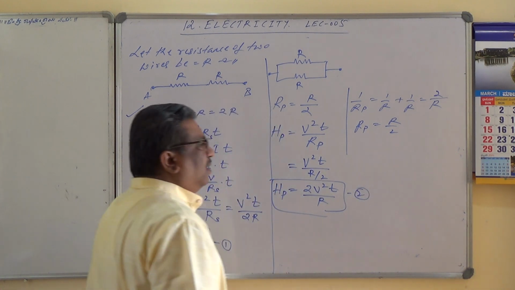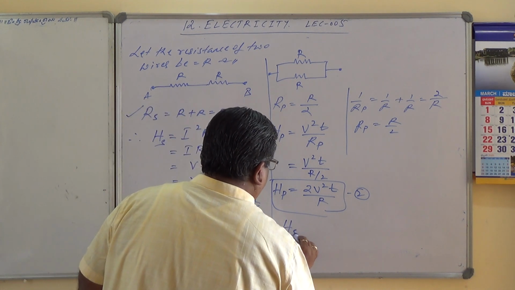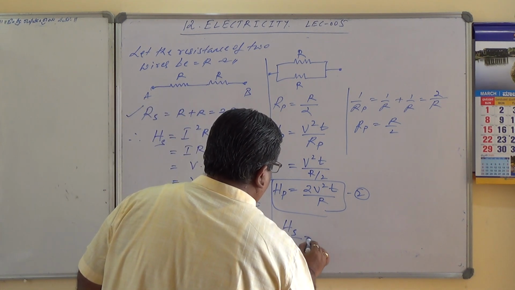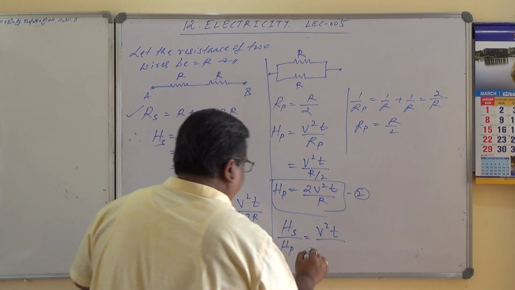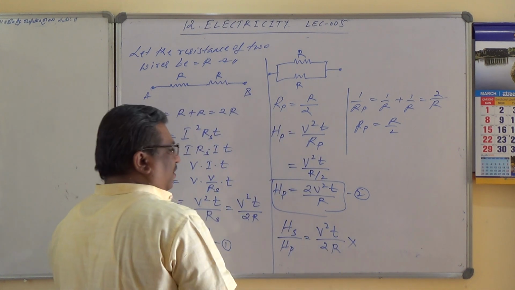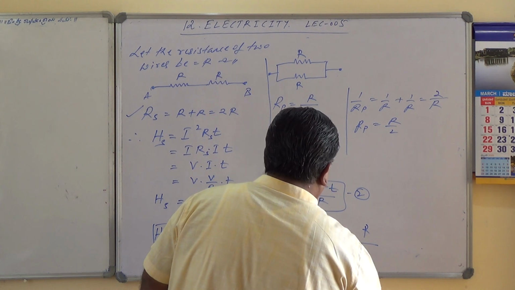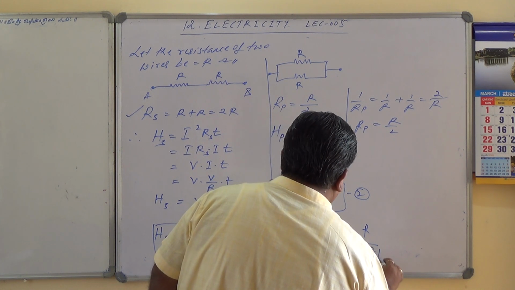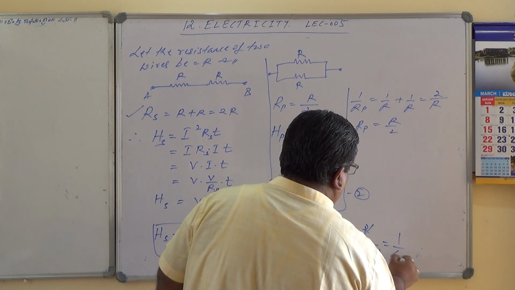Now, what is the question asked? HS is to Hp. Therefore, HS divided by Hp equals V square T divided by 2R, into, while multiplying I will take the reciprocal now, R divided by 2 V square T. R cancels, V square T cancels, 1 by 4.